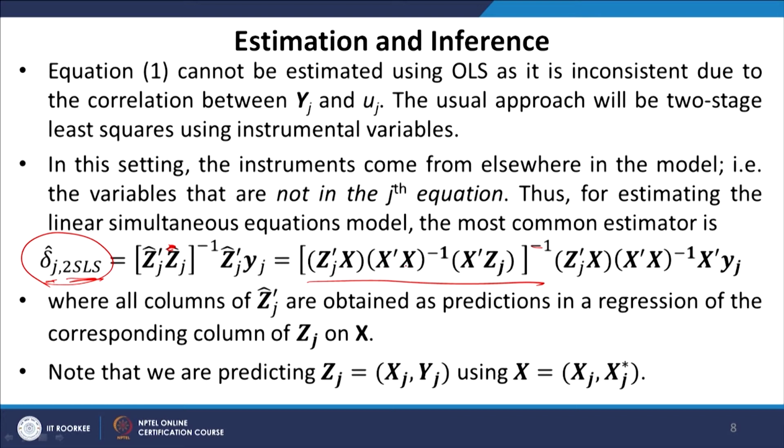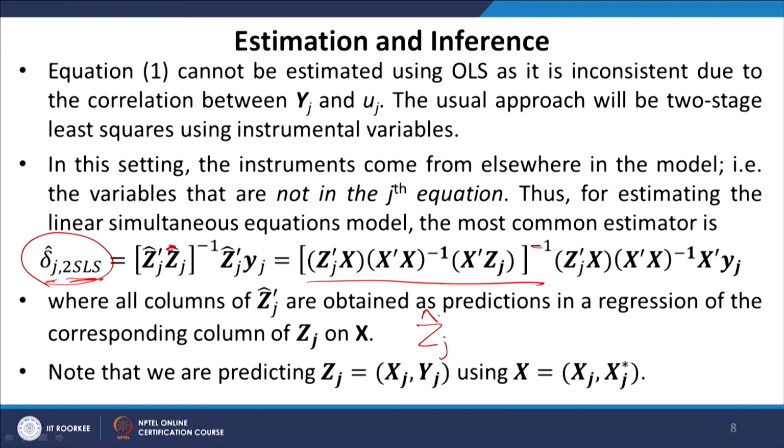Here zj hat are obtained as predictions in a regression of the corresponding column of zj on x. zj consists of all the exogenous as well as endogenous variables in the jth equation, and x consists of all the exogenous variables only. So I am running a regression of zj on x, and the predicted values so obtained are denoted by zj hat.